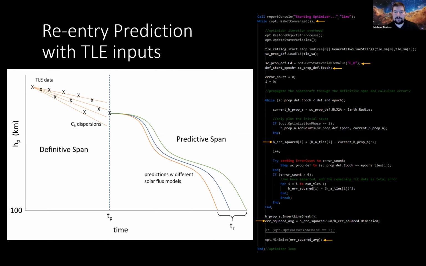Gotcha. Another question about the setup here. You talked about the ballistic coefficient, and just thinking about the data that you get with the TLE, do you need to know, or would things be better if you knew the mass or the cross-sectional area for the spacecraft? Oh, yeah, definitely.